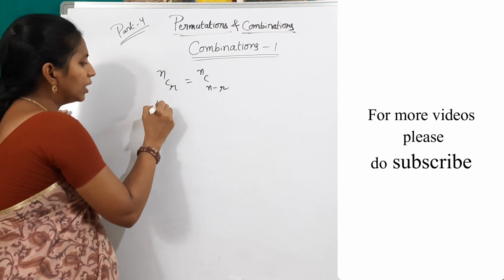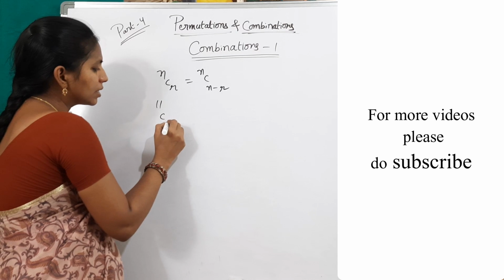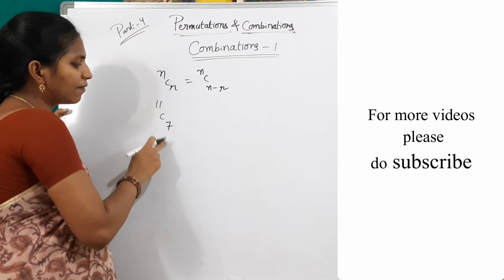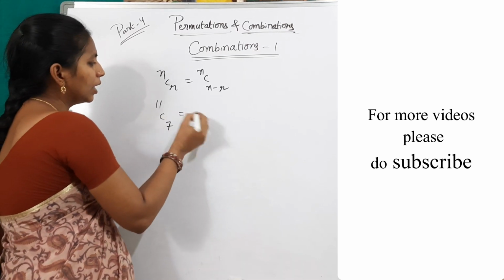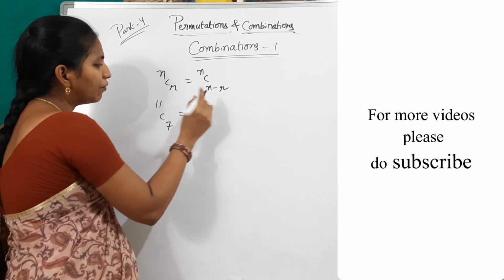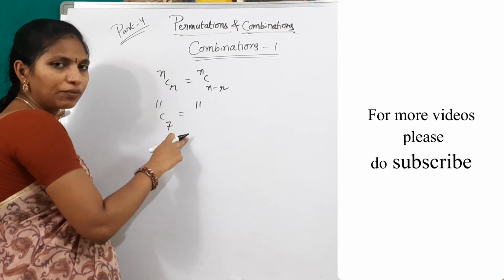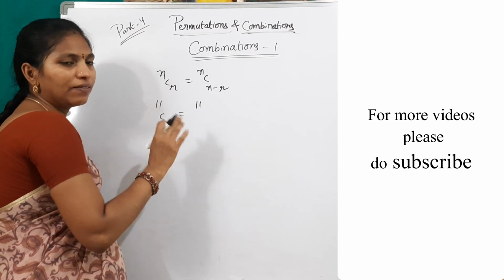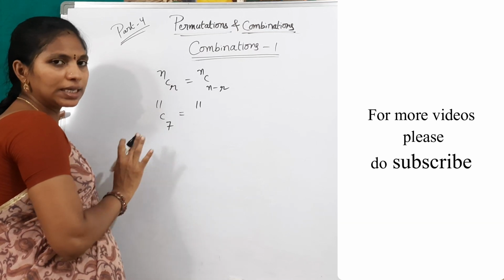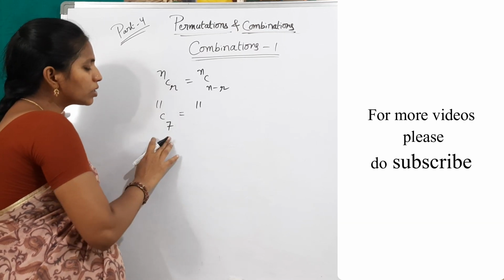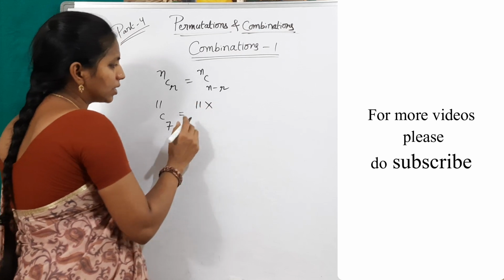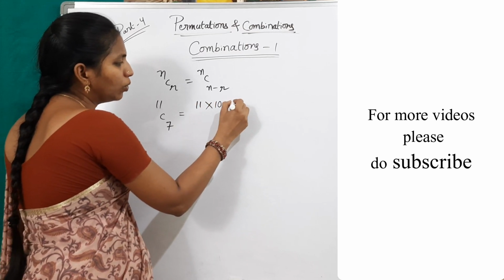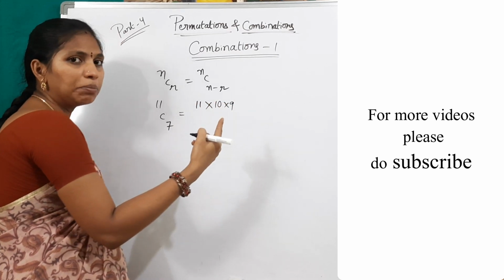NCR equals NC(n minus R). For example, 11C7 equals 11 factorial by 7 factorial into 11 minus 7 factorial. That is the actual formula. Without using that formula, we can write like this: 11 into 10 into 9 and so on, up to how many numbers?